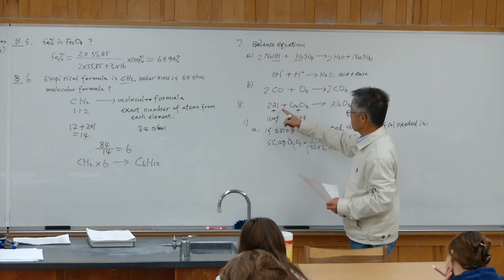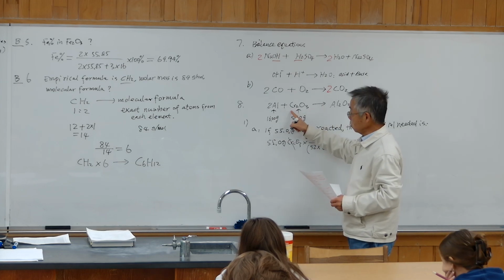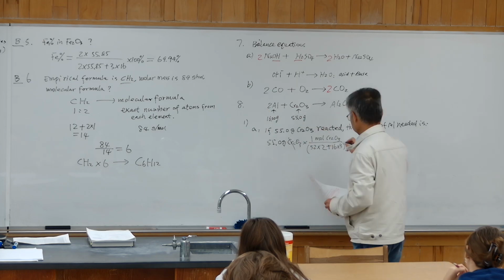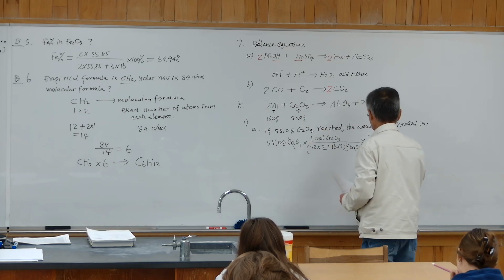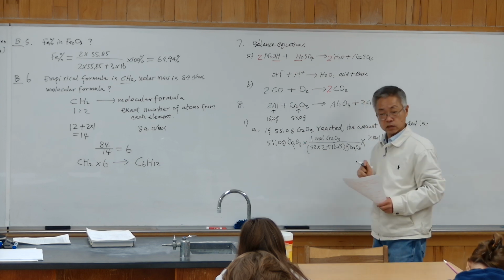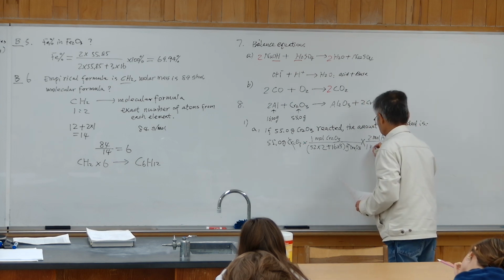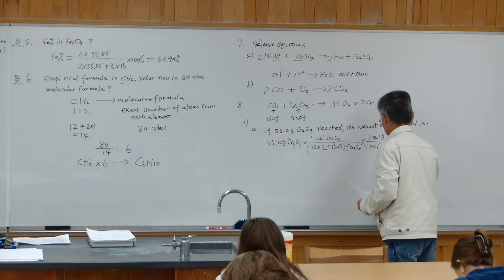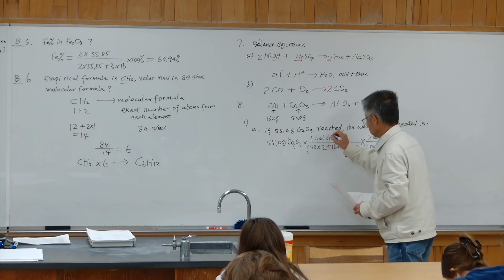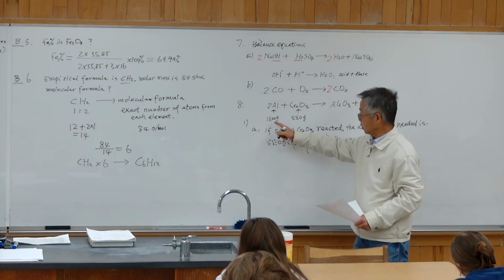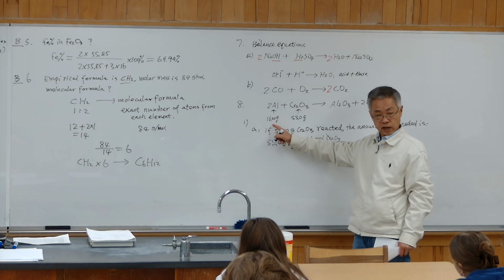Then we need to use this balanced equation. Every 1 mole Cr2O3 needs 2 moles aluminum. So 2 moles aluminum on top because we want moles of aluminum. But the quantity we have is gram.